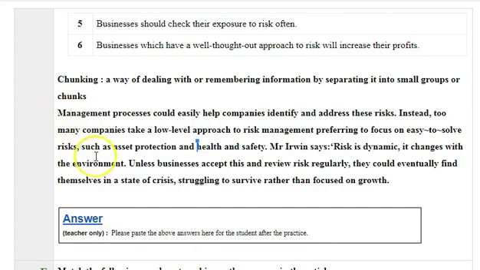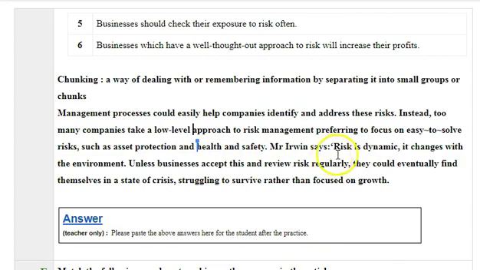Without using chunking. Management processes could easily help companies identify and address this risk. Instead, too many companies take a low-level approach to risk management, preferring to focus on easy-to-solve risks, such as asset protection and health and safety.